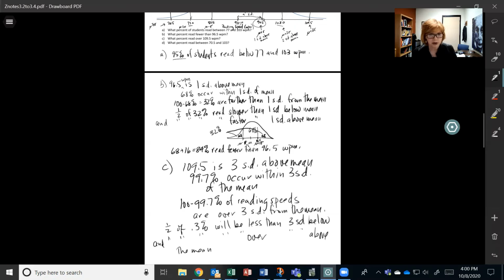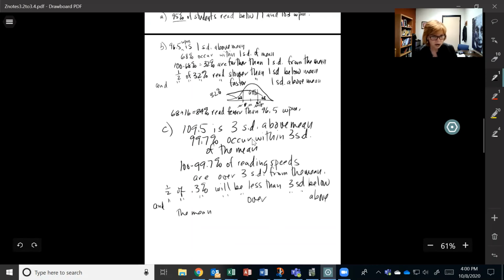And we want to know the probability of being over 109.5. So we want this part, the half of the 0.3%, which is 0.15%. So 0.15% will be over 3 standard deviations above. 109.5 is 3 standard deviations above. So 0.15% of students read over 109.5 words per minute.